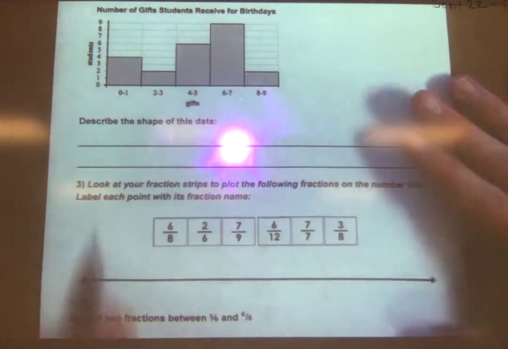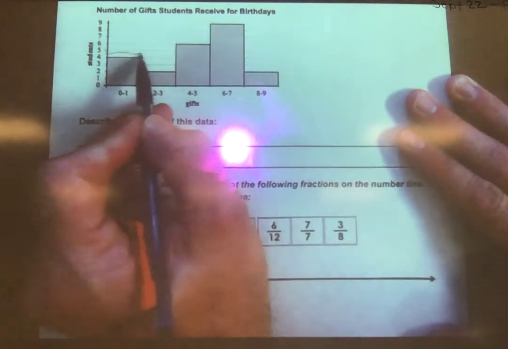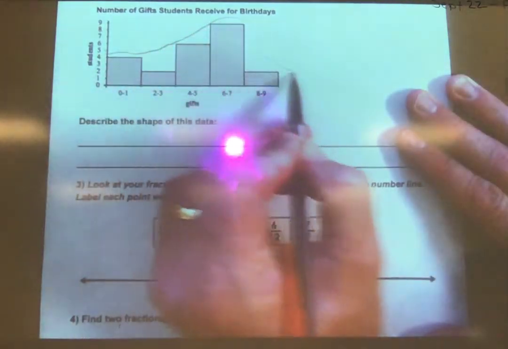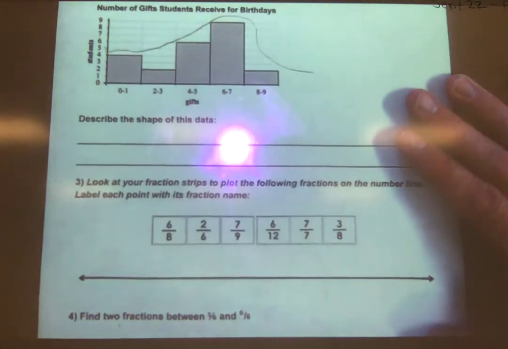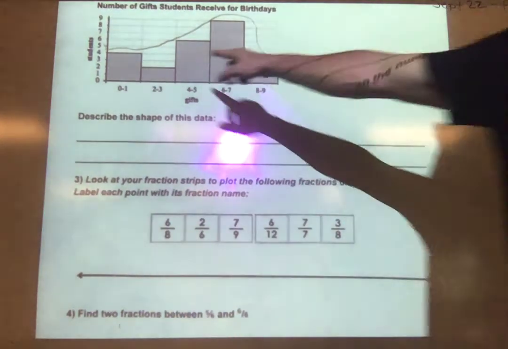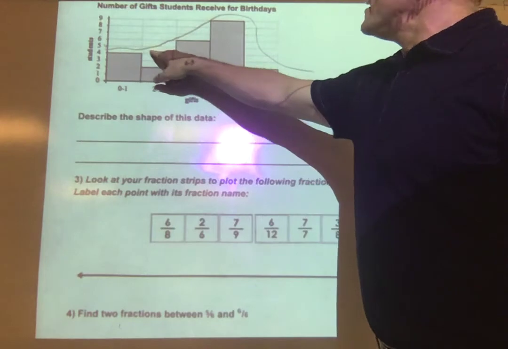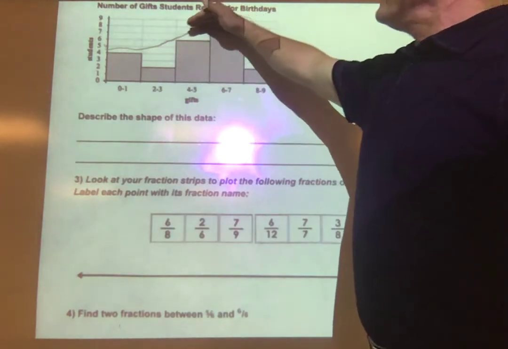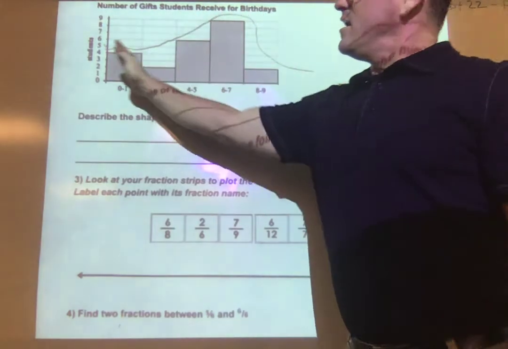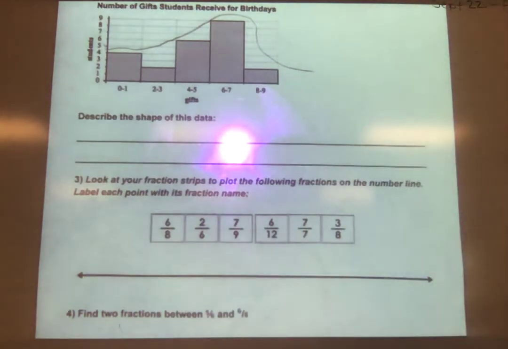So if I'm looking at this data here, it kind of starts this gradual hill, and it comes down a little bit more. I know down here it dips a little bit more, and you could draw it dipping in there a little bit, but it's kind of on a hill all the way down, so sometimes this is just a general line. So to describe the shape of it, this is that hill that we call skewed.